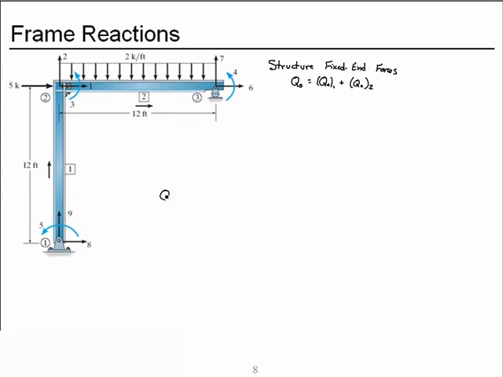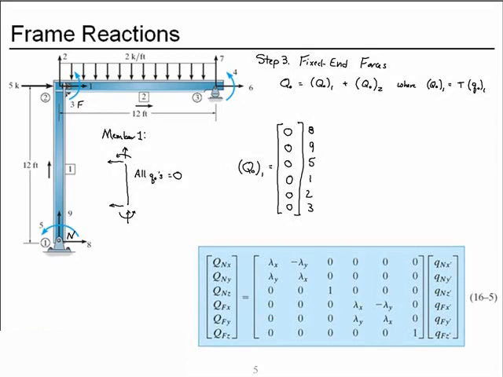So I'm going to write this out longhand, even though we know that all the contributions from member 1 are 0. And so now we'll work in increasing degree of freedom order 1 through 9. From member 1, Q0 is 0, 0, and 0 for degrees of freedom 1, 2, and 3.